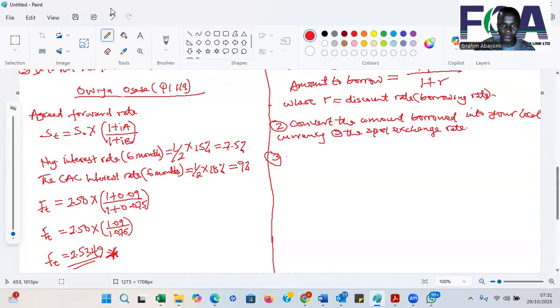So deposit the Naira amount at the domestic lending rate, not borrowing.